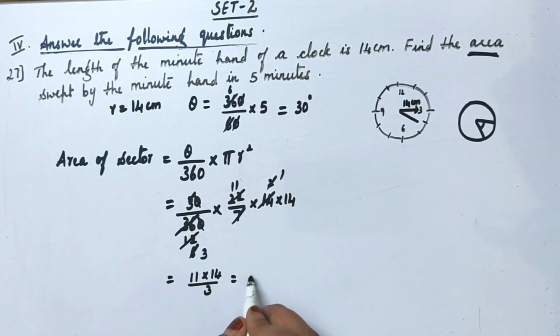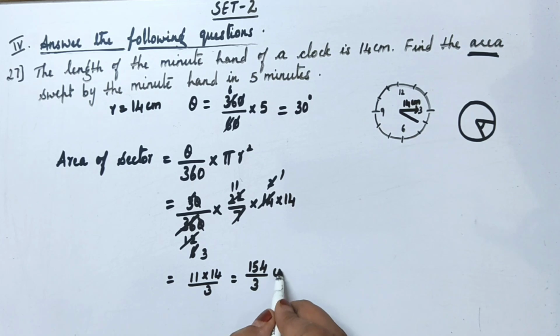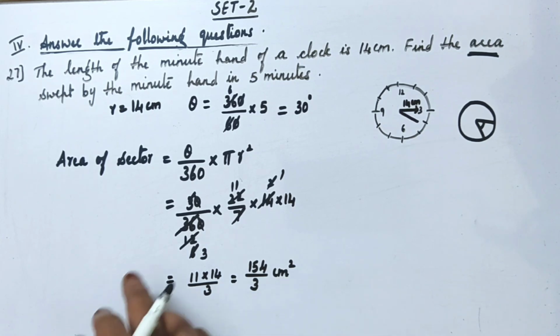This equals 154 upon 3 centimeter square, which is the area of the sector, students.